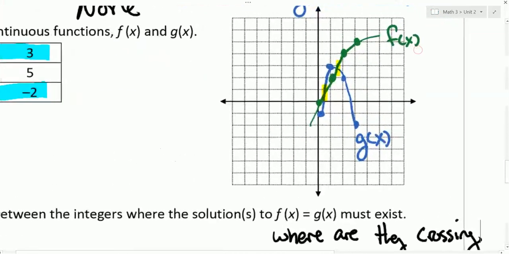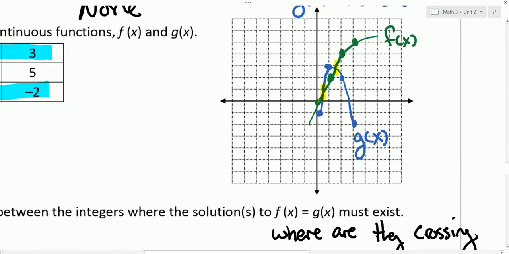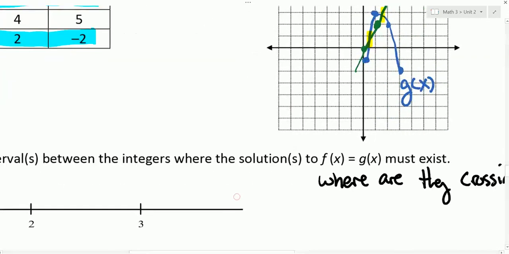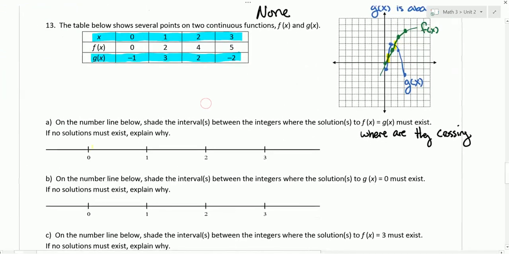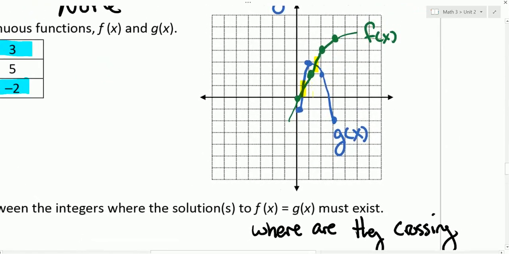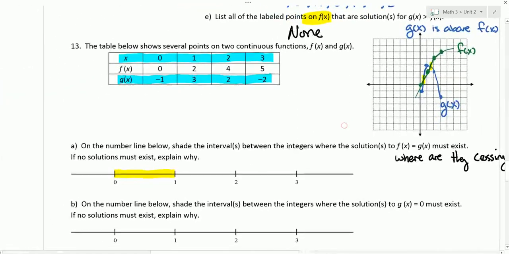So we said that the first shading is between 0 and 1 somewhere on the x-axis. So I'm going to shade between 0 and 1, saying somewhere in between there, that's where they cross. And then there's a second crossing between 1 and 2. So I'm going to shade again between 1 and 2. Maybe I should change the color here. Okay, saying there's a second one somewhere between 1 and 2.